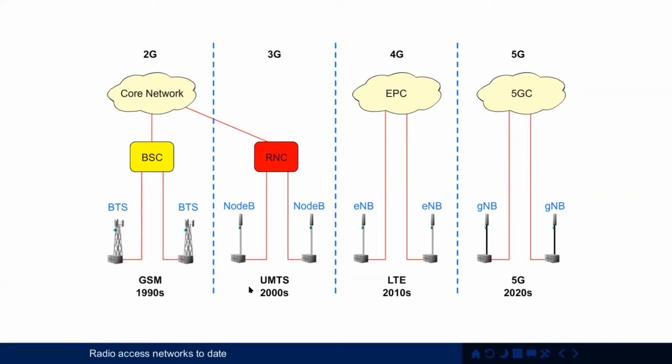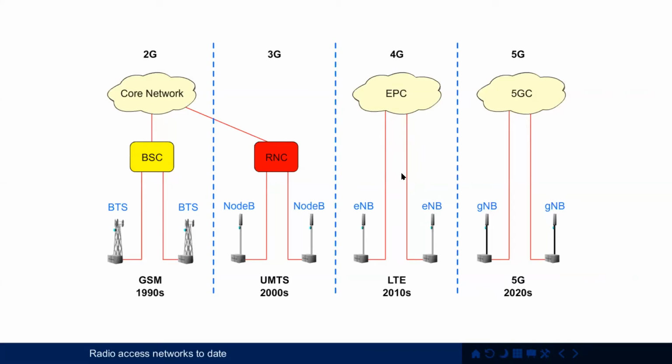Some 10 years later, when 3G came along, we don't have a new core network. We carry on using the existing core network, but the RAN changes. We have a new radio network controller, an RNC, and new base stations, which are referred to as node Bs. And then some 10 years later, when 4G comes along, notice we lose the radio network controller.